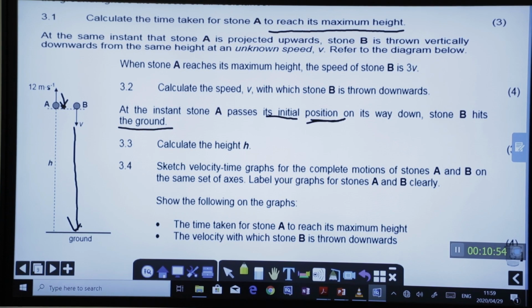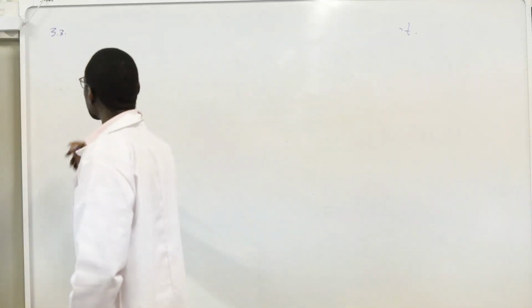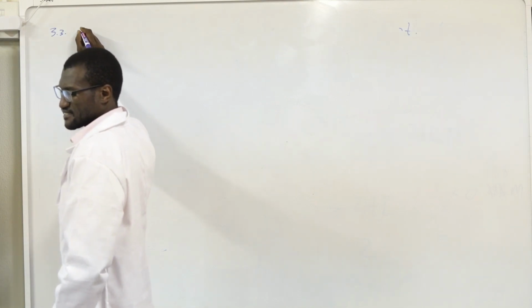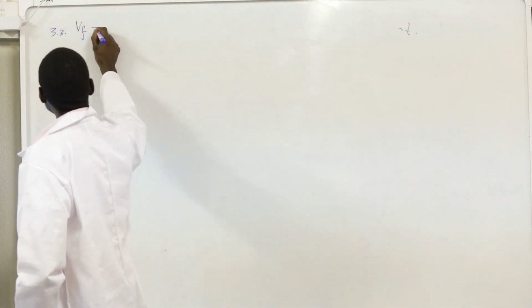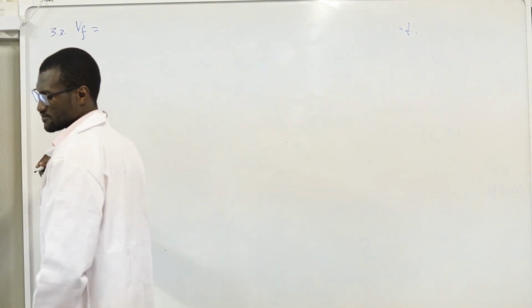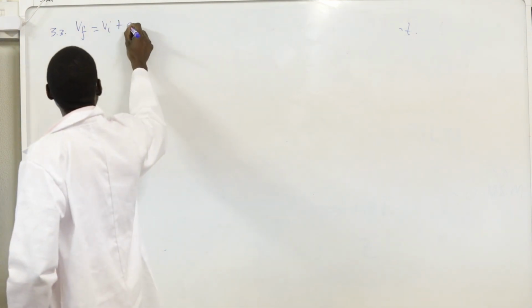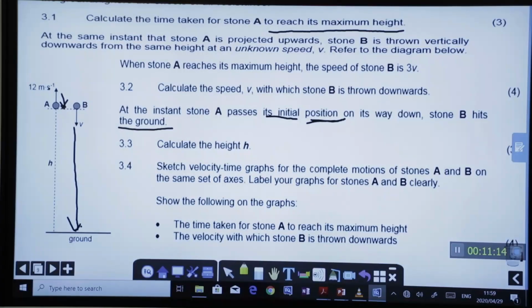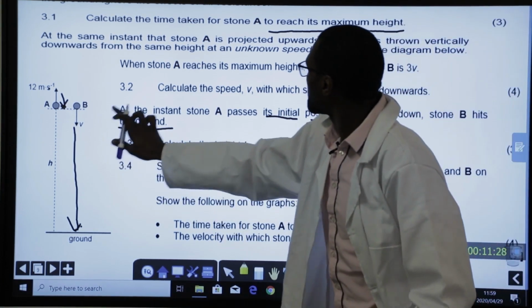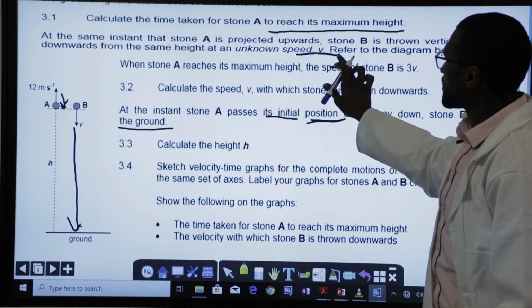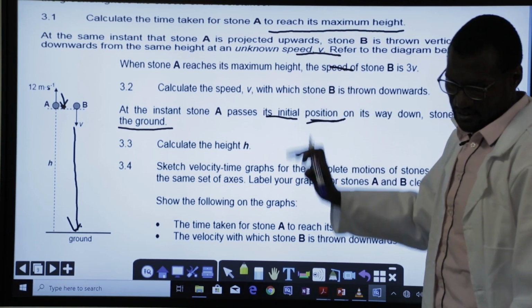The simple way to calculate this is to think of it this way, by considering the fact that we have v final being equal to v initial plus acceleration times change in t, right? That being the initial velocity, okay?